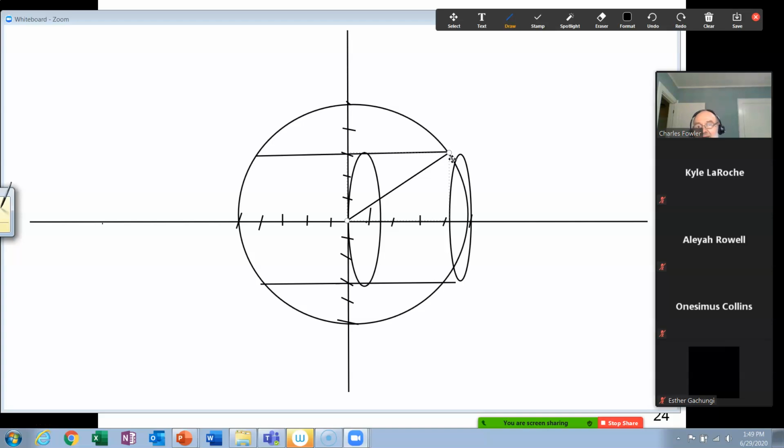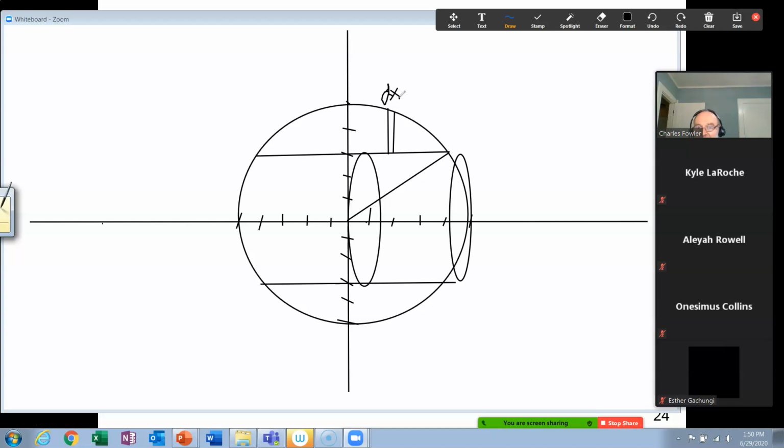The reason I did that line is that hopefully you see, here are going to be my little rectangles, and that's going to be my dx. This is going to be dx, the width there.